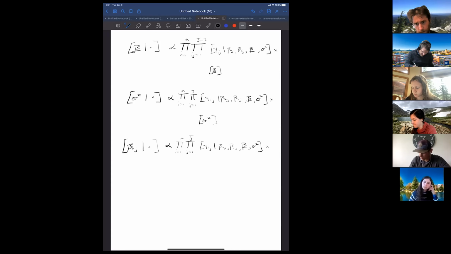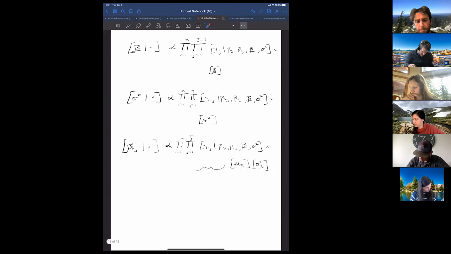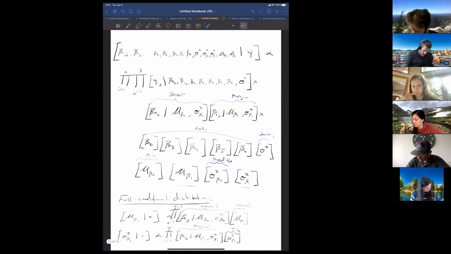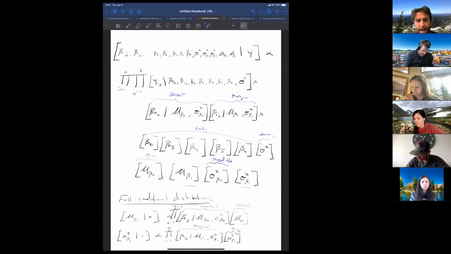So I'm going to tell you right now, there's something missing. But you have mu beta 0 and sigma squared beta 0. So when we're doing these, what we're going through is looking for everything on this side of the equation that has beta 0J in it.